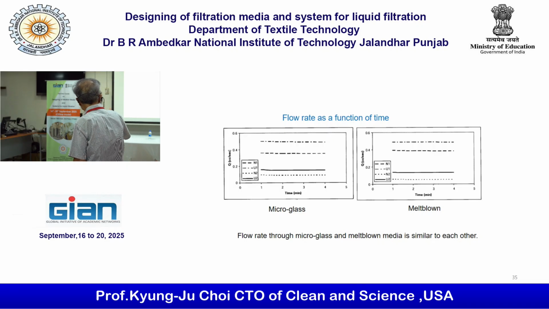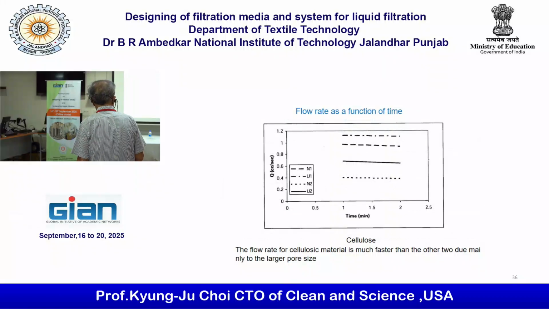So here, microglass and melt-blown and Q, you can measure that one. I don't know, the Q value of 0.2. But important thing is final result. Here, Q and time.